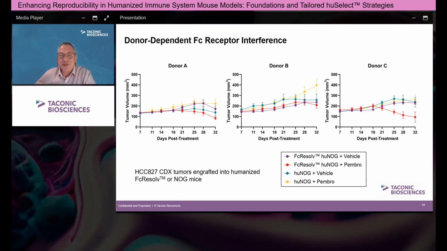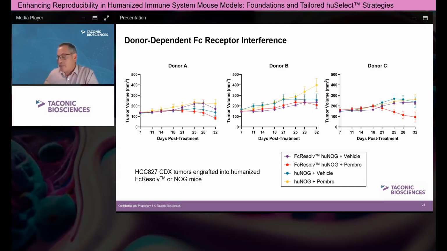We see increased tumor growth with pembrolizumab in the HUNOG, and that negative result is resolved by getting rid of Fc gamma receptors. In this final case, donor C, we see a therapeutic response of pembrolizumab that isn't shown in the presence of Fc gamma receptors.